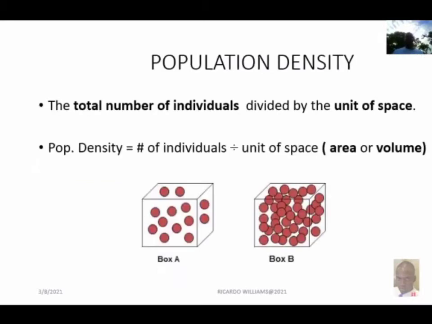So let's look at population density, which is just the total number of individuals per unit space. If you look at box A versus box B, you will understand that box B is more densely populated because we have more individuals within that confined space, as opposed to box A, where we have a smaller number of individuals within that confined space.